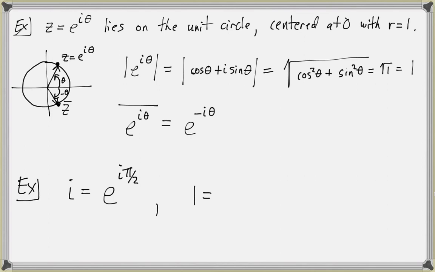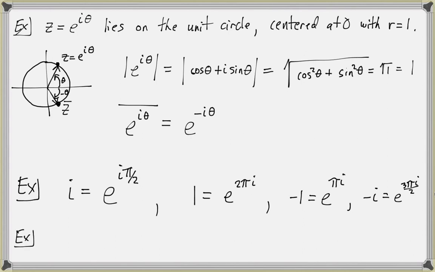So I'm going to use 2 pi for the argument of 1. So I could write 1 as e to the 2 pi I. Negative 1 I can write as e to the pi I. I could write negative I as e to the 3 pi I over 2, or I could write it as e to the negative pi over 2 I.